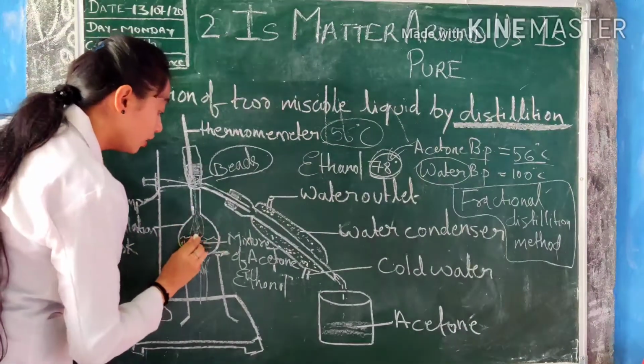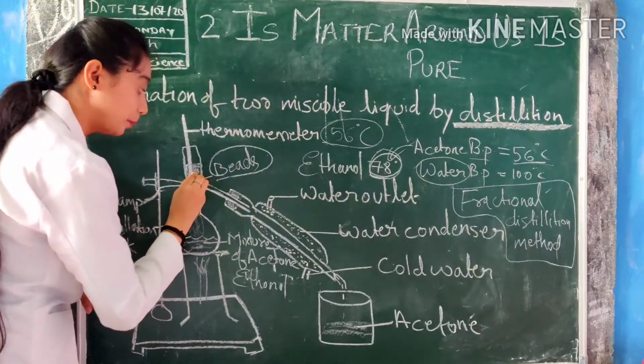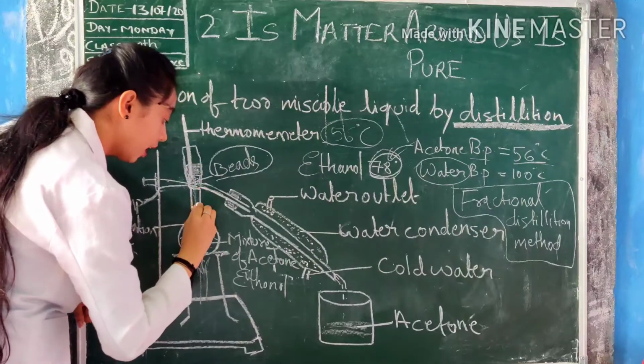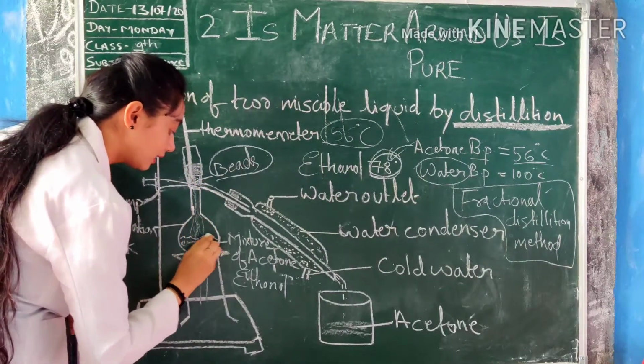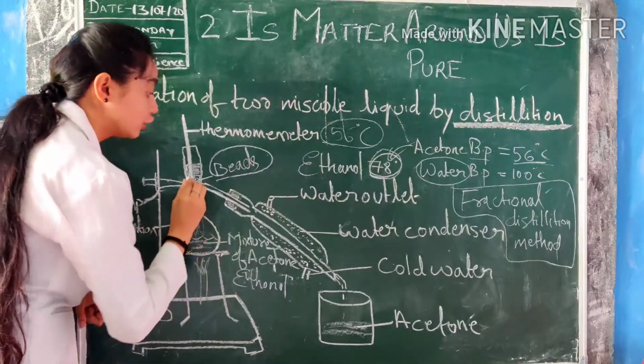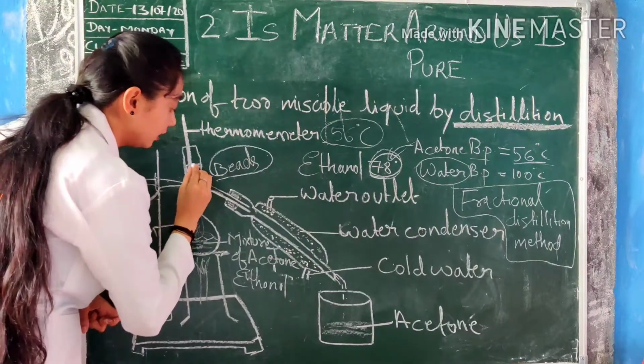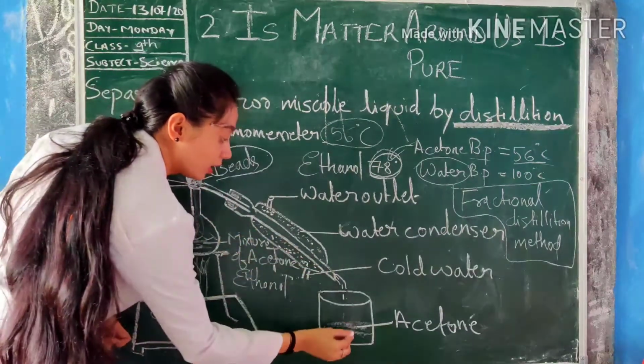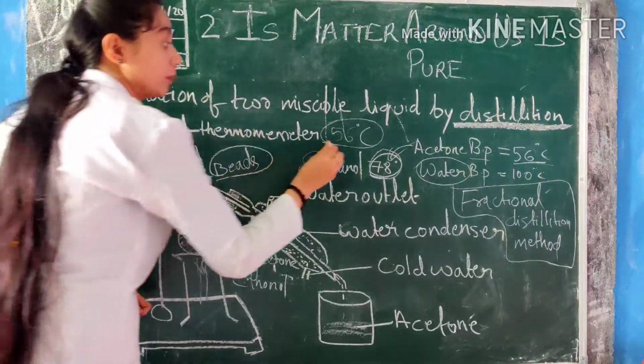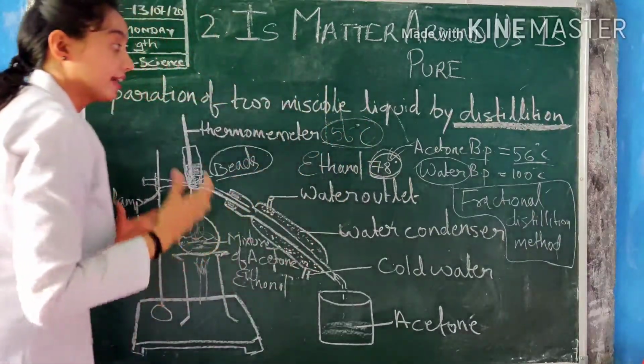So the ethanol is stuck here due to these beads, and after some time cools back and is collected here, and acetone crosses these beads and goes this way, because acetone's boiling point is reached and it gets energized and separated.